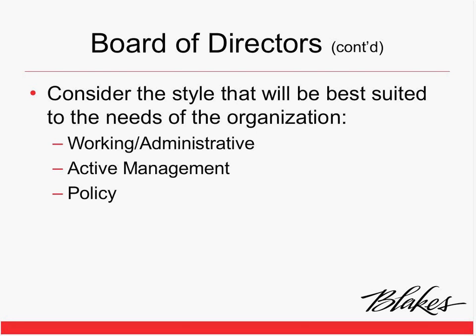There are well-established board education and orientation practices to minimize the impact of director turnover, and we'll touch on this a little bit later as well. With this style of board, it is important to maintain the lines of communication between the operational management, so the CEO or the president, and the board, so that there is one united governance leadership structure rather than having two parallel systems.